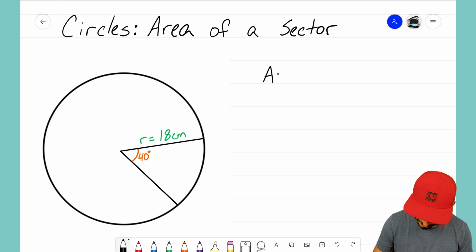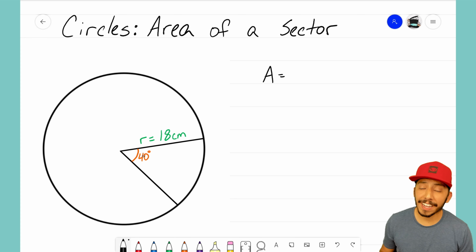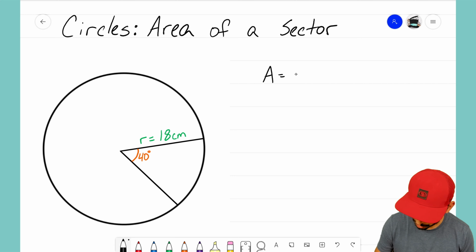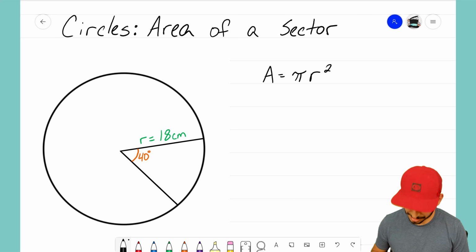First, we're going to find the area of the entire circle. That's going to be super helpful, because if I can find the entire area for this circle, then I can use that information to help me find the area of this sector. So our area formula is pi r squared. Remember, r stands for our radius. Looking at that circle, we know that the radius is 18 centimeters.